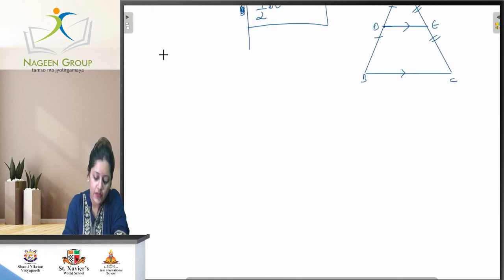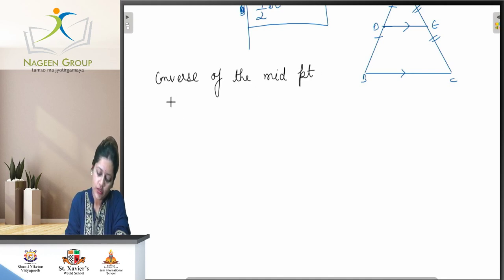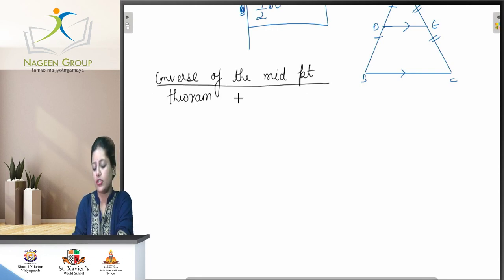The second one is the converse of the midpoint theorem. The converse is just the opposite of that theorem.